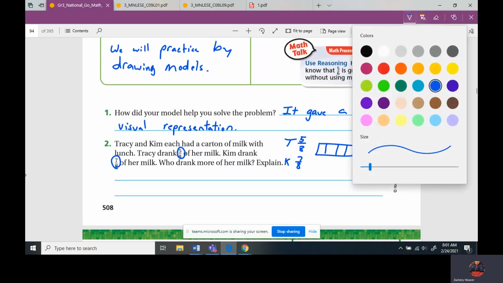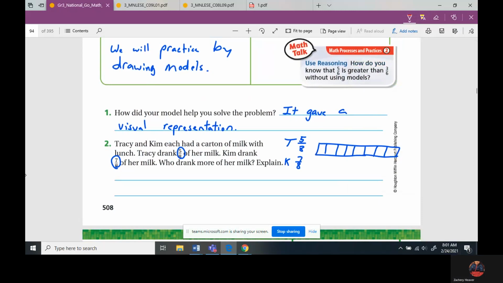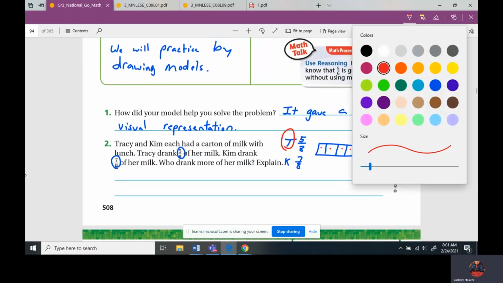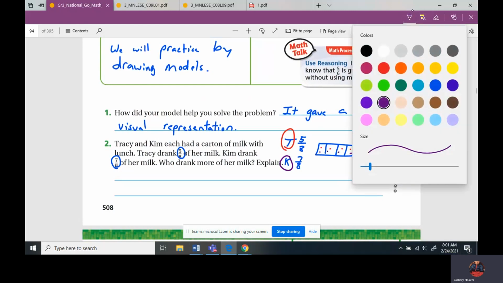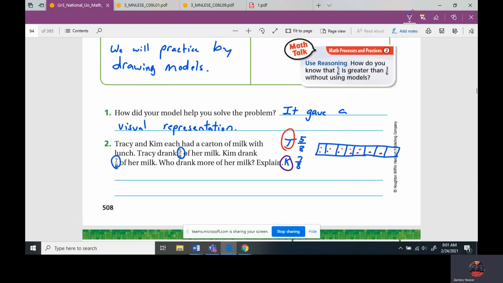And let's do the same thing. Let's do red for Tracy. 1, 2, 3, 4, 5. And let's do purple for Kim. 1, 2, 3, 4, 5, 6, 7. We can definitely see, if this is the same model, that Kim drank more.